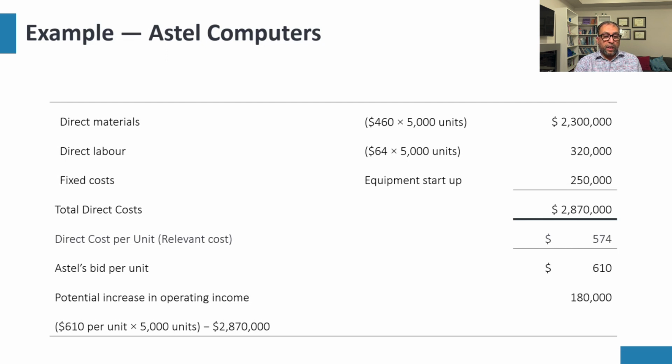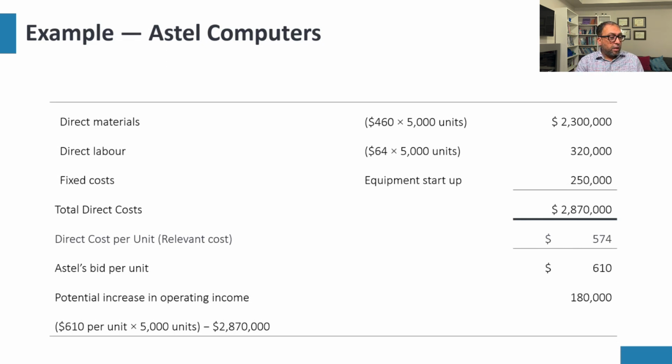Now, if we want to find the direct cost per unit, we divide this whole cost by 5,000, so we get 574 as the direct cost per unit for producing these 5,000 units. Astel bid per unit 610. So if they bid 610, how much revenue can they generate?